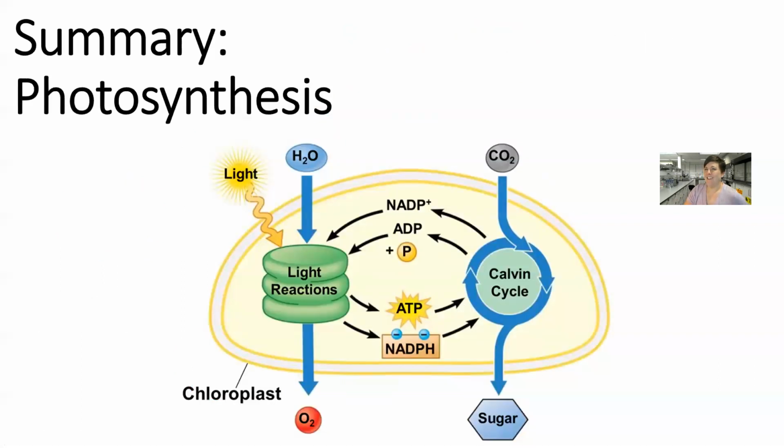Okay, so this is just a slide showing a summary of photosynthesis. We really did just glaze over it, but even though we learned the basic steps of cellular respiration and the basic steps of photosynthesis, that will give you a good foundational understanding if you go into classes that expand on these processes.